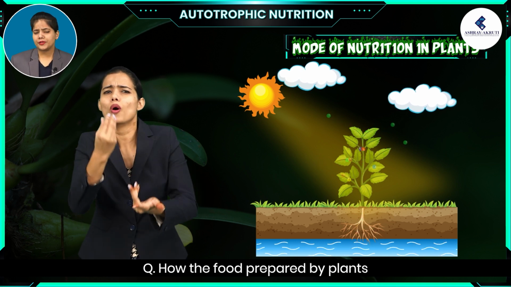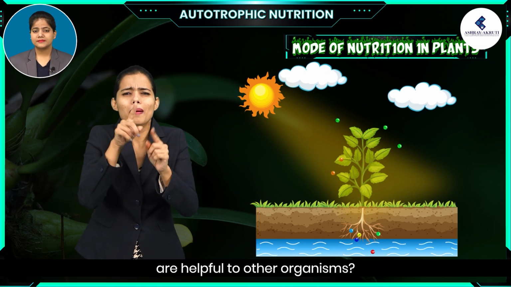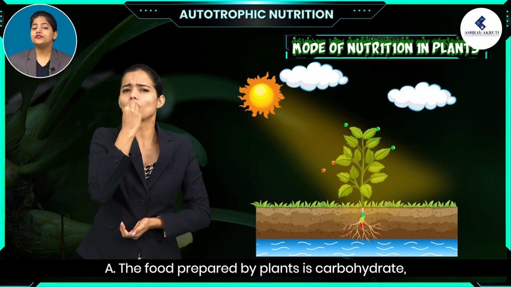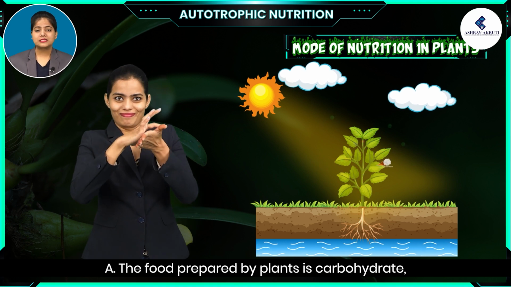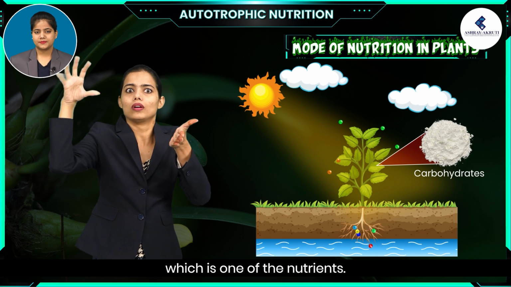How the food prepared by plants are helpful to other organisms? The food prepared by plants is carbohydrate, which is one of the nutrients.